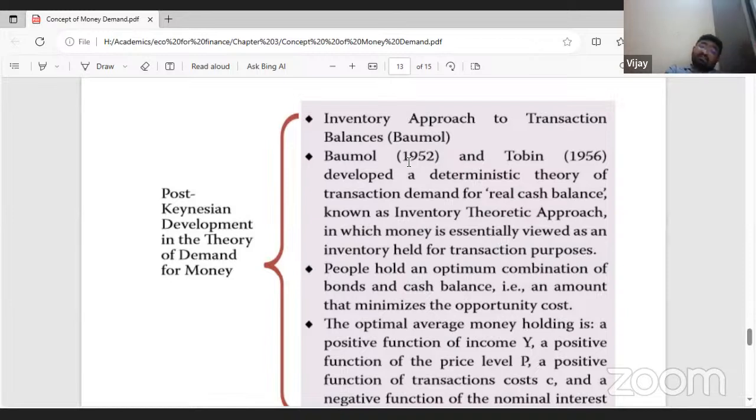For converting this money into a bond, I need to pay the brokerage, which comes to 1%. Then in that case, 6.5% minus 1%, my net benefit is what? 5.5%. Sir, instead of investing in a bond, I can retain the amount as cash.